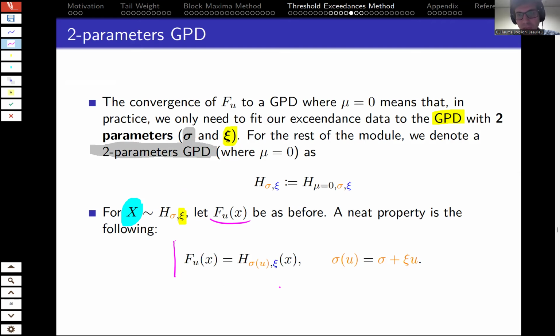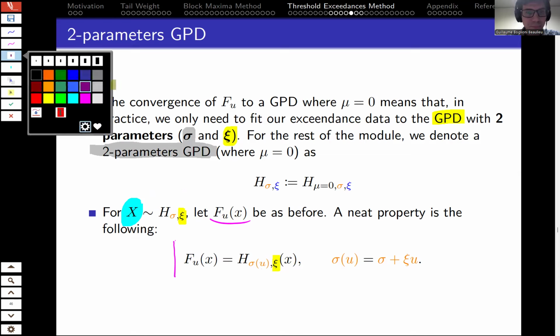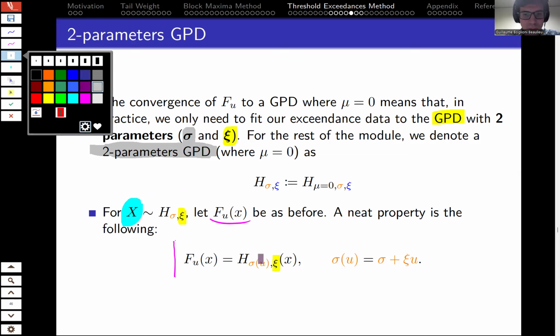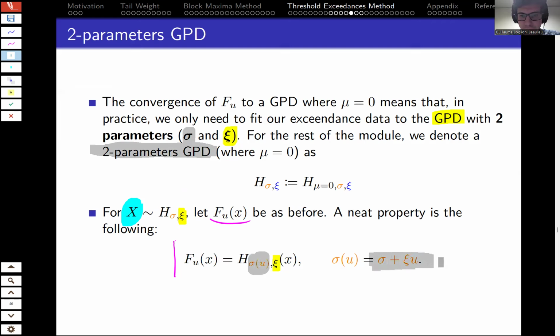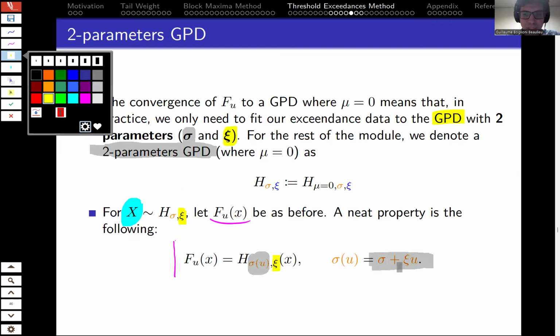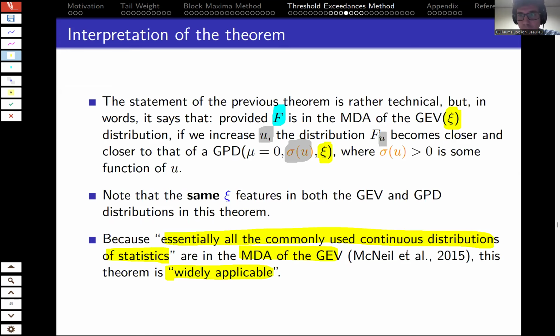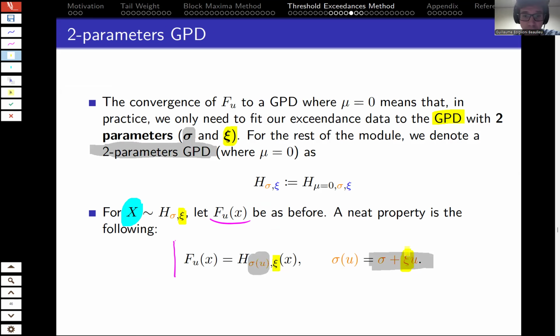It's just that they have a new sigma parameter. The Xi remains unchanged, but the sigma is now updated to be this thing, which is a function of the Xi. So in essence, for a distribution that's already GPD, we don't need asymptotic results. We don't need the big guns of this theorem, because exceedances are exactly 2-parameter GPD as well.